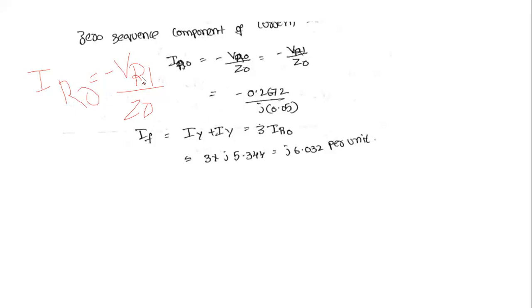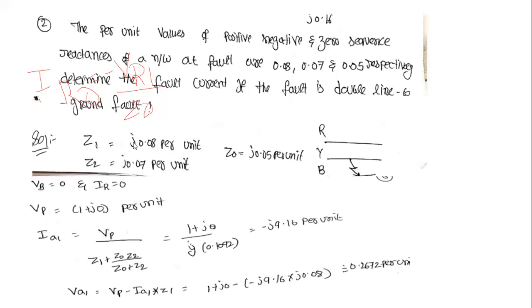Then we obtain IR naught, the zero sequence current for the R phase.